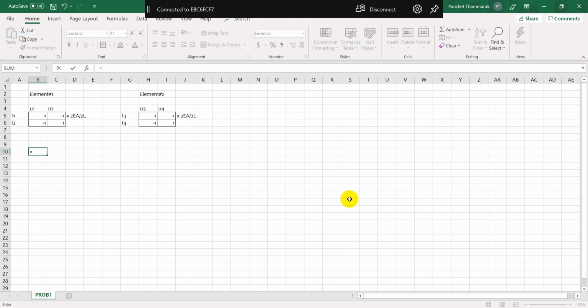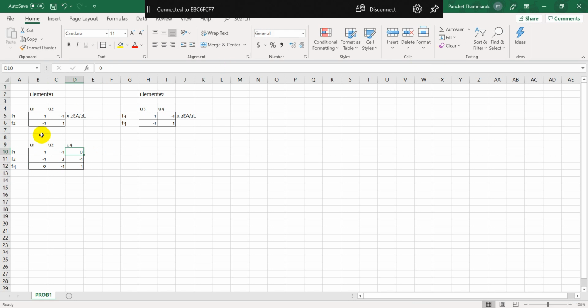So we put them together in one system of equations like this, with zeros, and as you share this, the stiffness matrix turns out to be F1, F2, or actually F3 and then F4, U1, U2, U4.